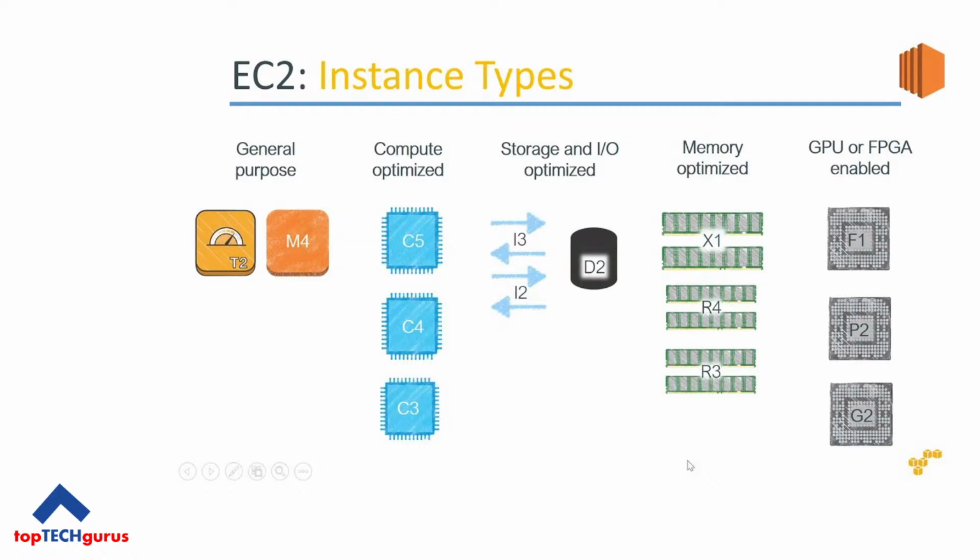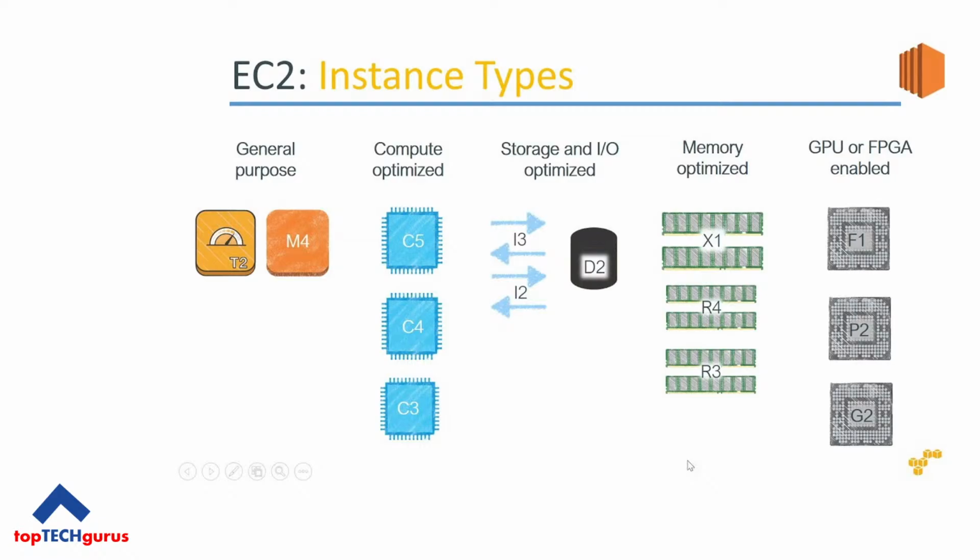The last one is the GPU or FPGA enabled. These are for data science applications, but a lot more for cryptocurrency, for any type of gaming infrastructure. The GPUs are like graphics processing units, similar to CPUs, but they are much more optimized for processing videos or animations.